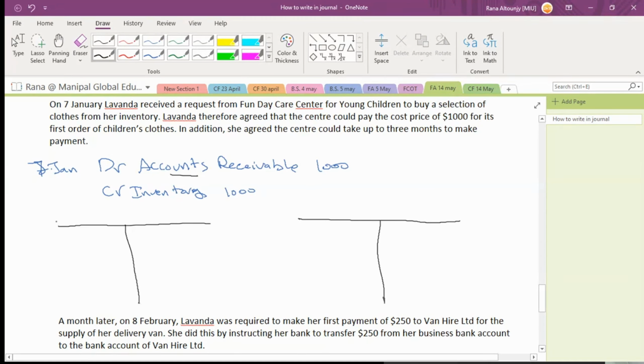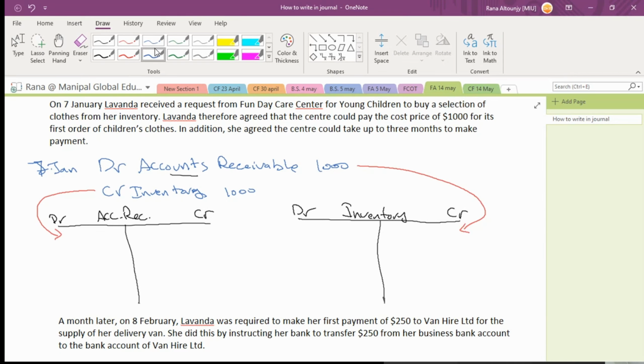So we have the accounts receivable, and we have the inventory. The accounts receivable is written in the debit side, so we have to transfer the other side of the transaction to its debit side. The inventory is in the credit side, so we have to transfer the other side of the transaction to its credit side.